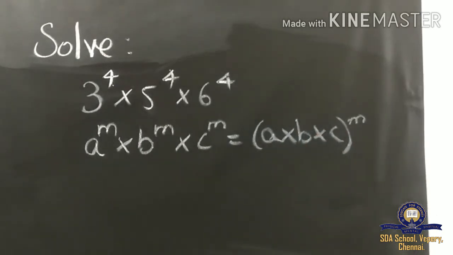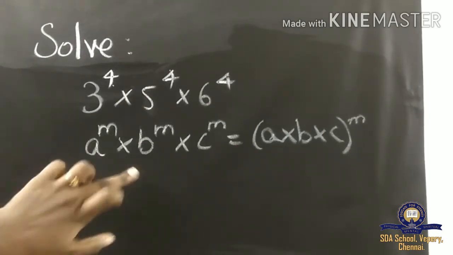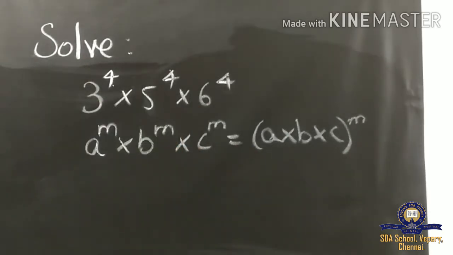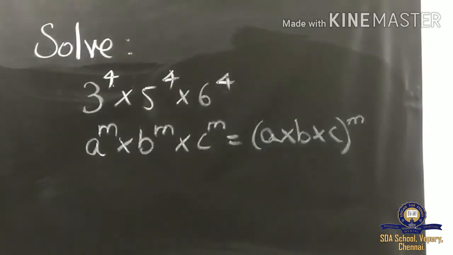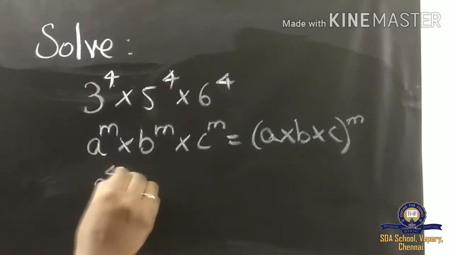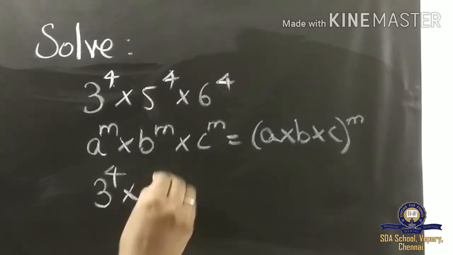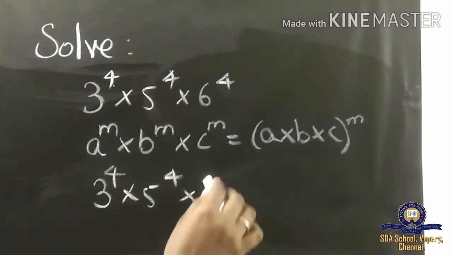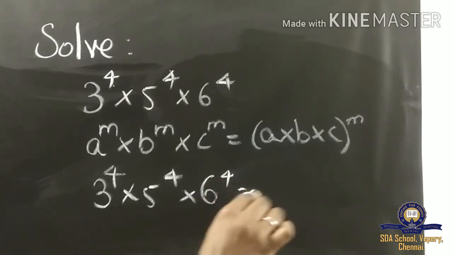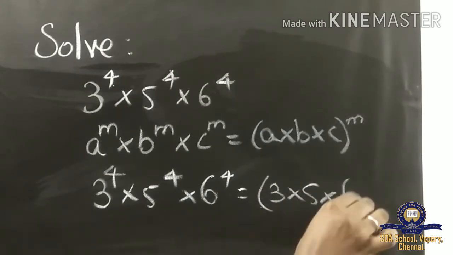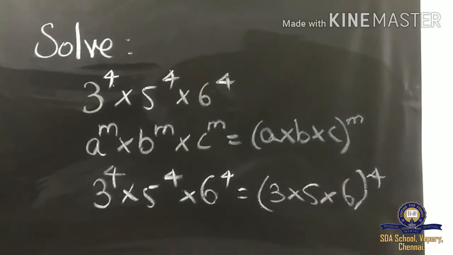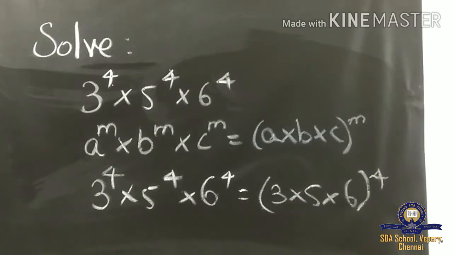So here we are going to substitute a value as 3, b value as 5, c value as 6, and here you can see that m value is 4. So 3^4 into 5^4 into 6^4 is equal to (3×5×6)^4. I hope you understand this form. Okay.